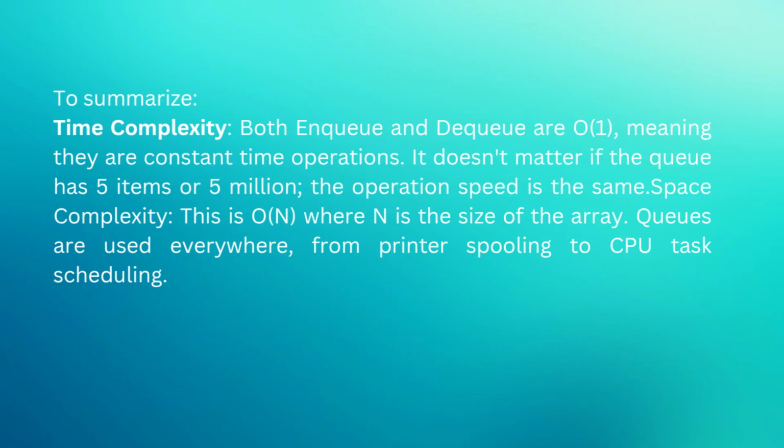The space complexity is O(n), where n is the size of the array. Queues are used everywhere, from printer spooling to CPU task scheduling. Queues are used in various ways, such as in video games.